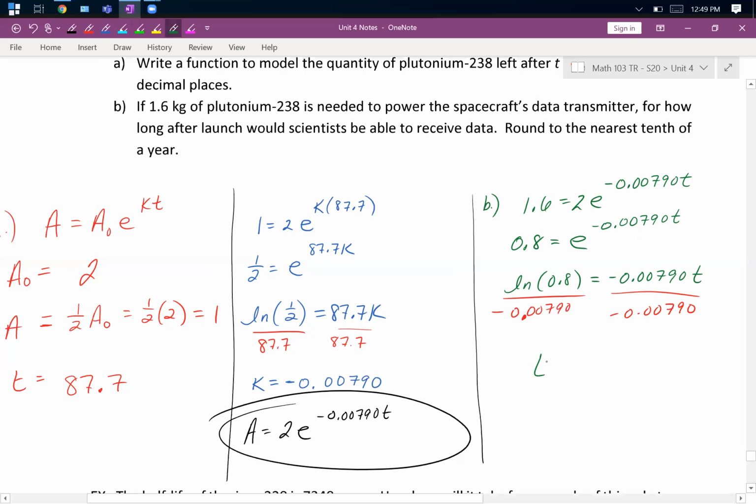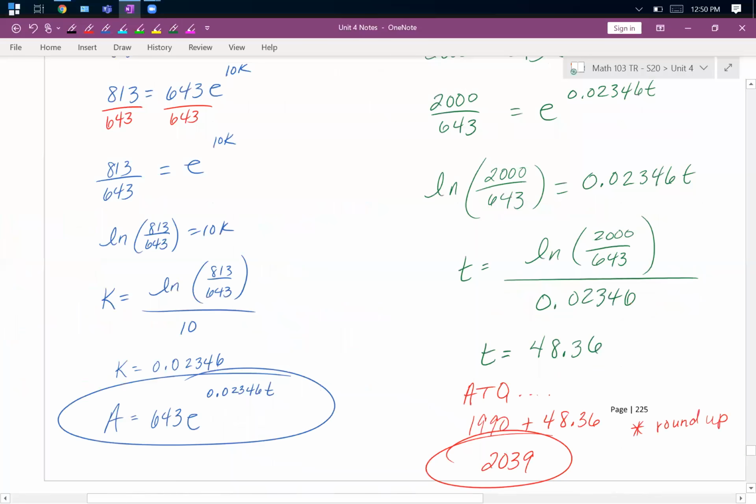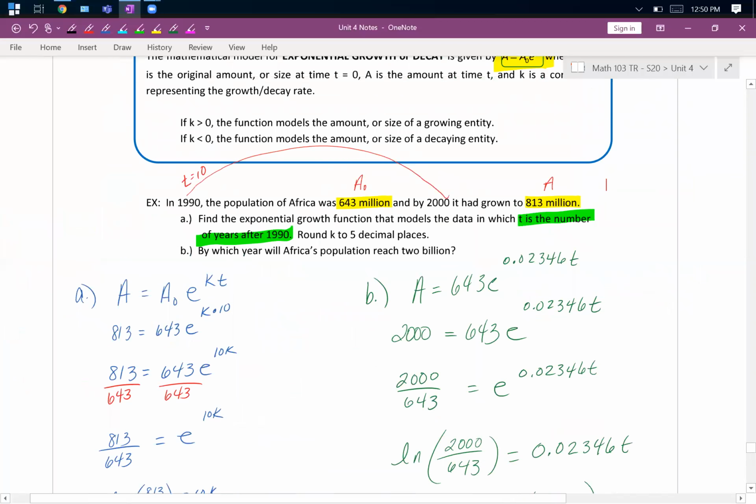We want t rounded to the nearest tenth of a year. We're going to get 28.2. And this one is different than the last example that we did on Thursday last week, where we had to round up. See, here it said by which year.